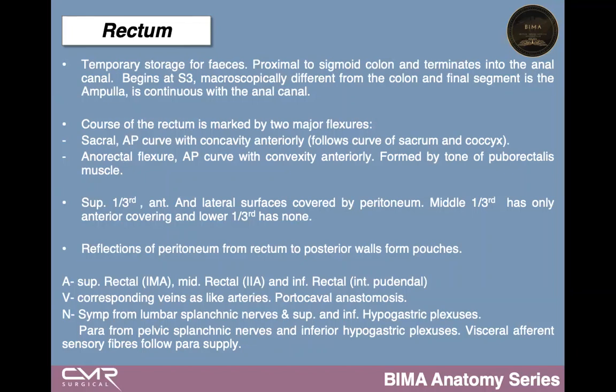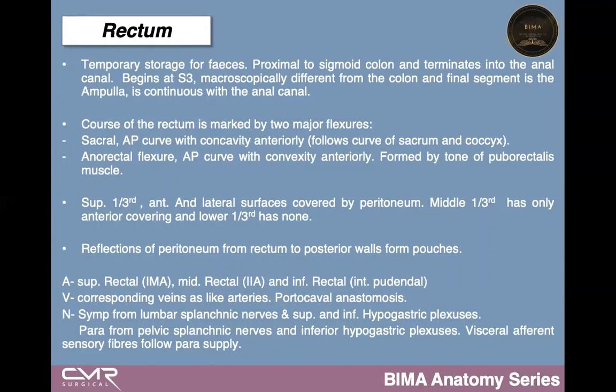And they are the sacral flexure, which is an anterior-posterior curve with concavity anteriorly. And then you've got the anorectal flexure, which is once again an anterior-posterior curve with convexity anteriorly. And the anorectal flexure is formed by the tone of the puborectalis muscle.